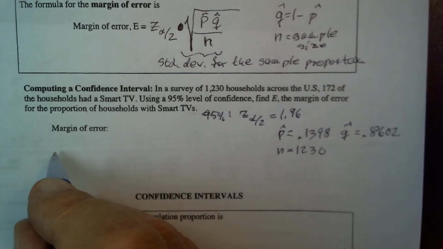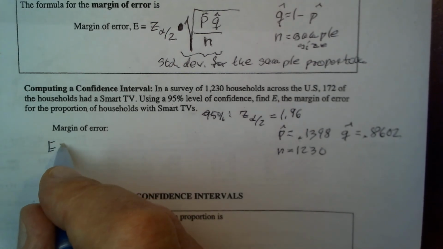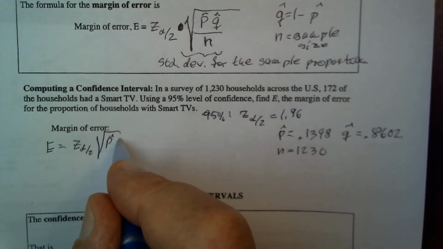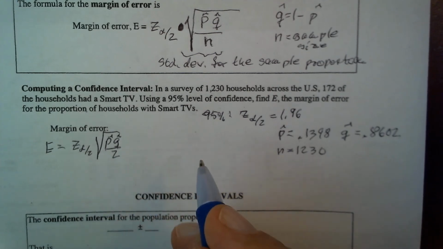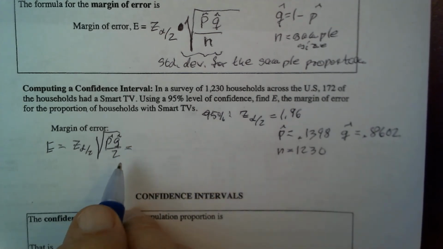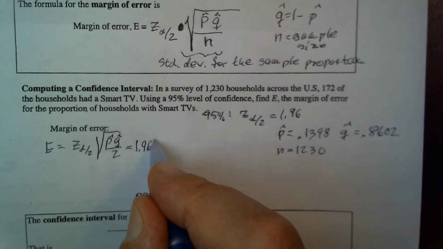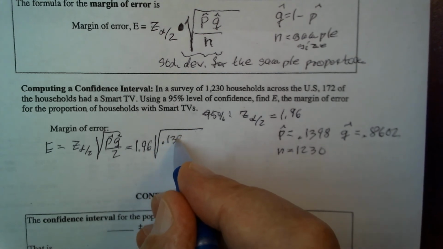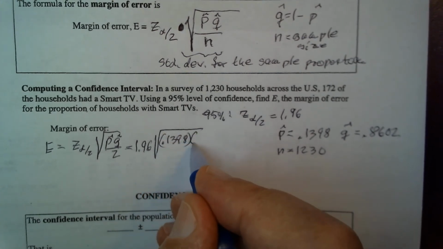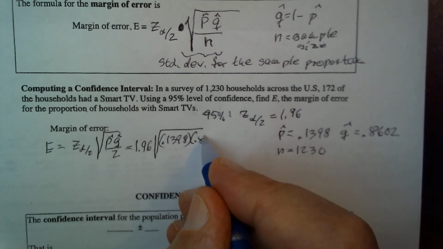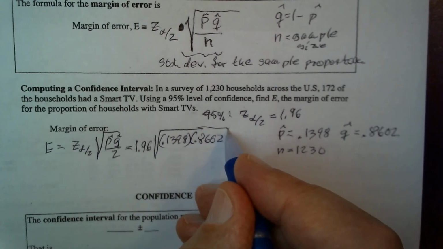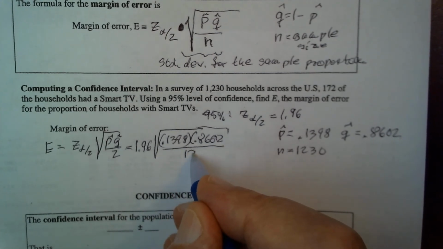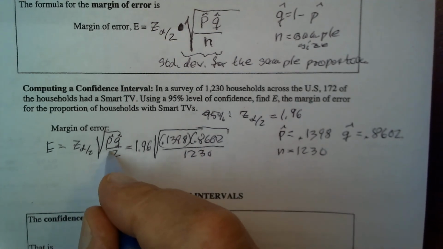So we can compute our margin of error as E equals z sub alpha divided by 2 times the square root of p hat q hat divided by n. So there would be 1.96 times the square root of 0.1398 times 0.8602, all divided by 1,230.